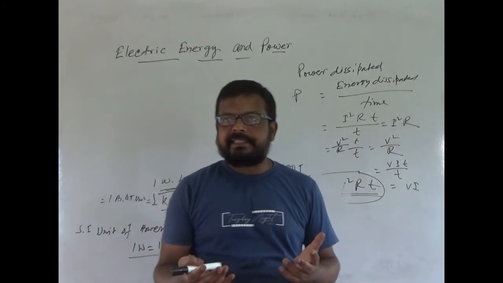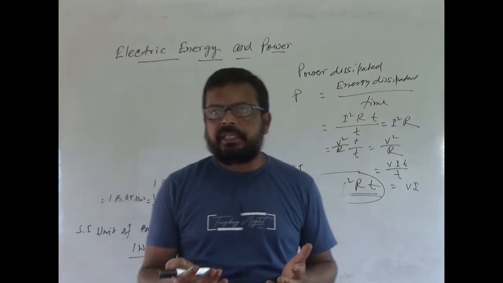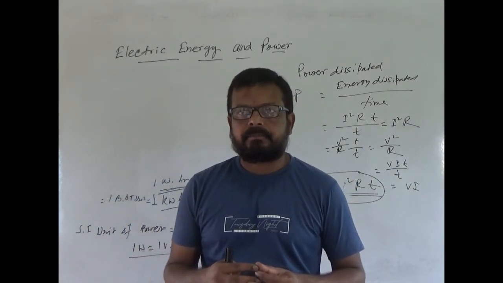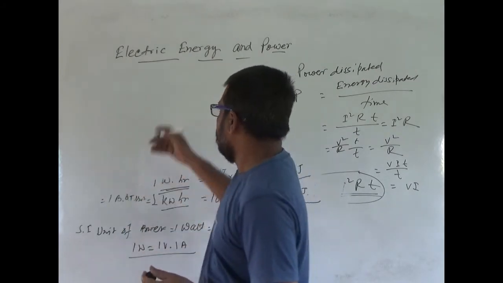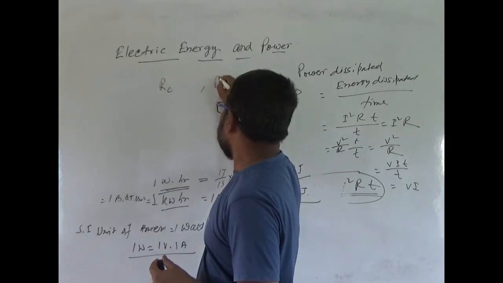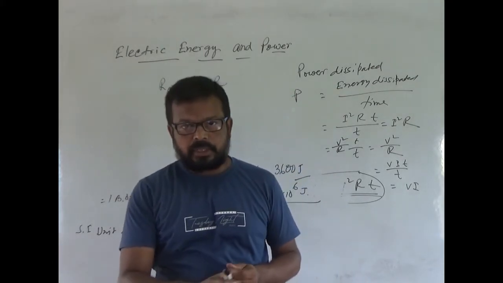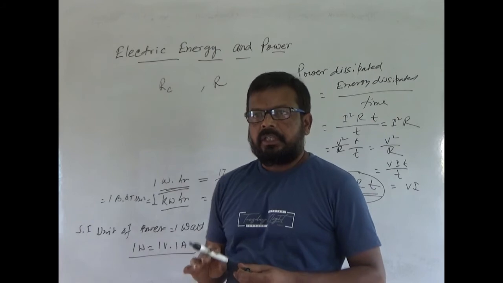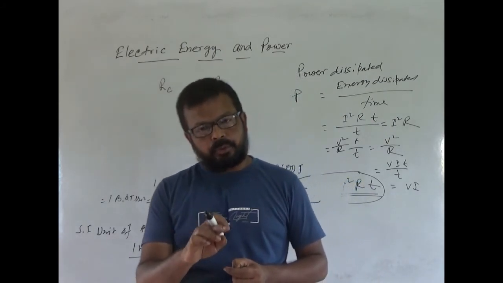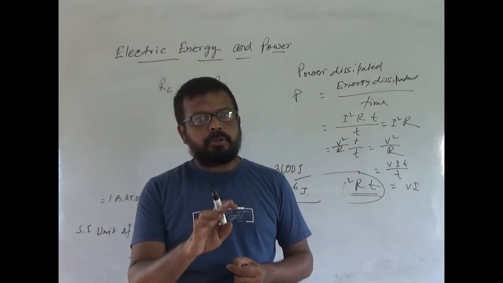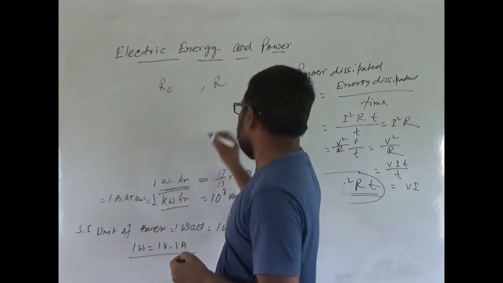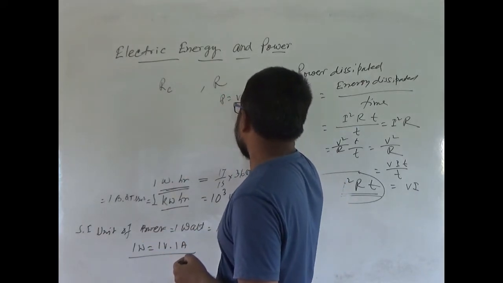The cables have resistance RC. RC is the resistance of the transmission cable and R is the device we are using, right? If V is the voltage across R and I is the current through it, then you can write P equals V into I.